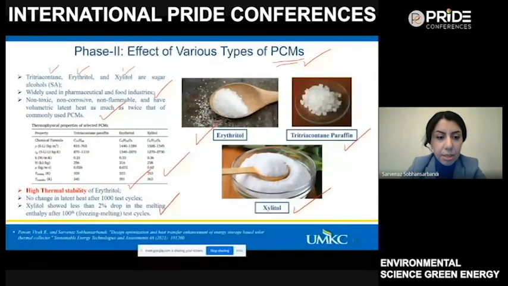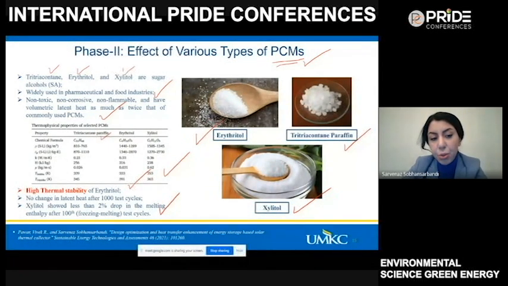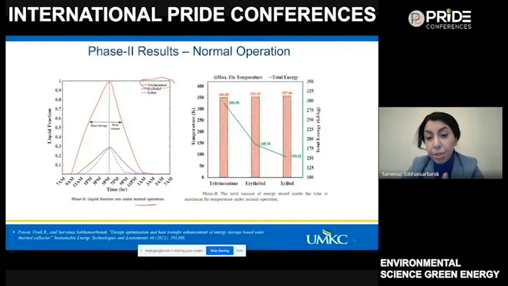Going back to the melting temperatures, the paraffin has a 72 degrees C melting point, so it reaches its melting point faster than the other types of PCMs, and that's why we have a higher liquid fraction.